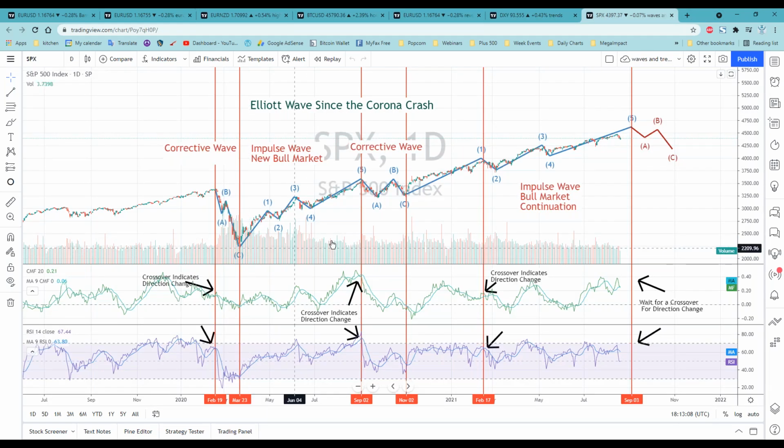If we were looking here, the S&P 500, look at the waves, look at the nice uptrend pushing up. You can call them peaks and valleys. I call them pushes. The price pushes up, eases back down, pushes, eases back down, pushes.